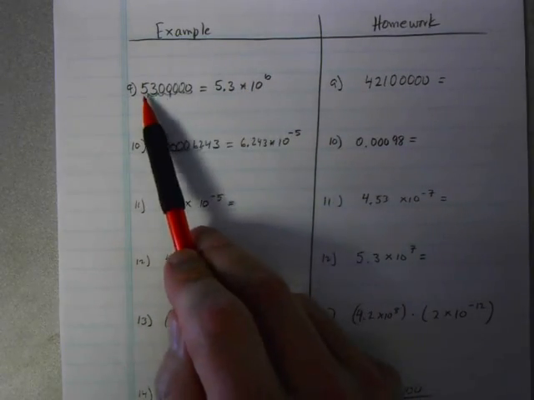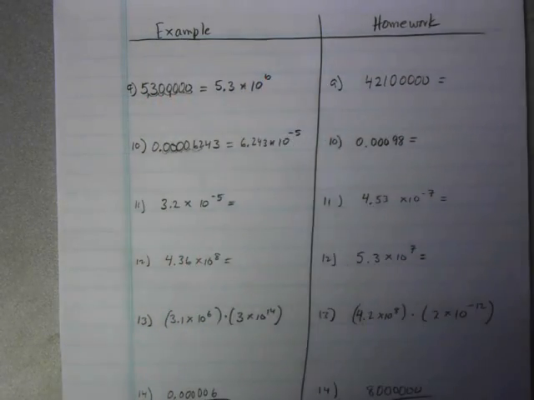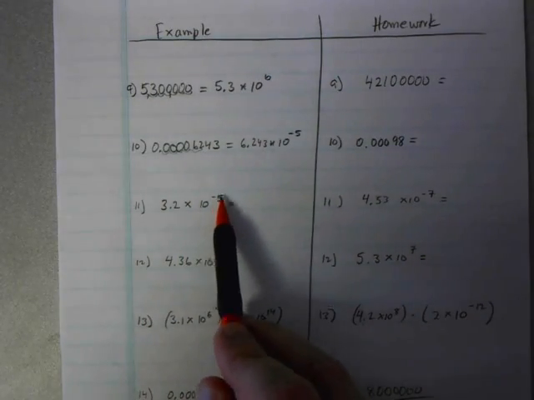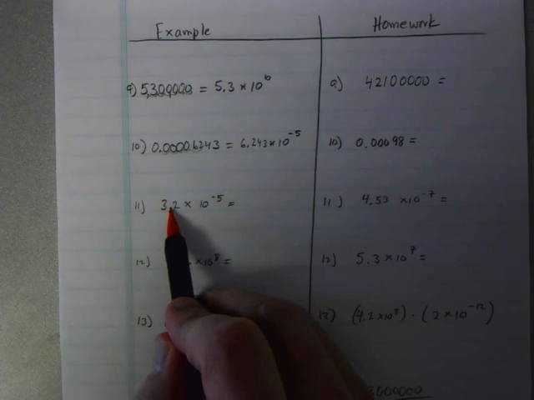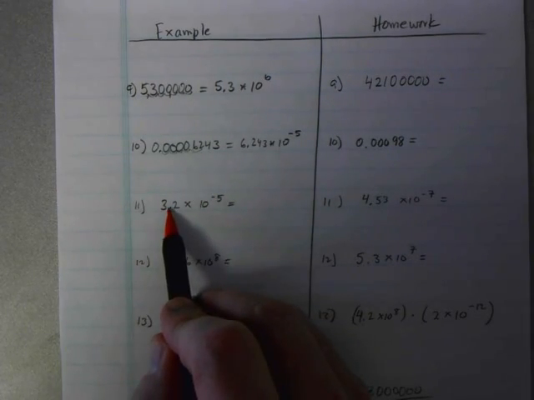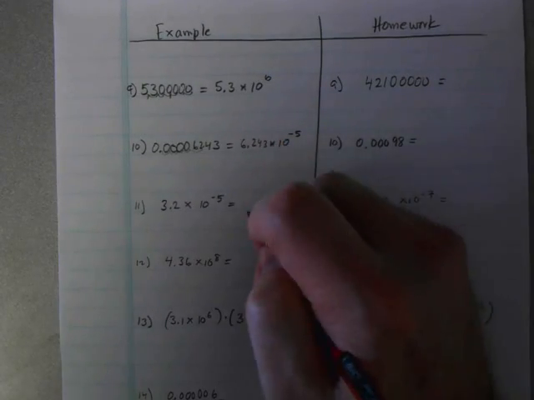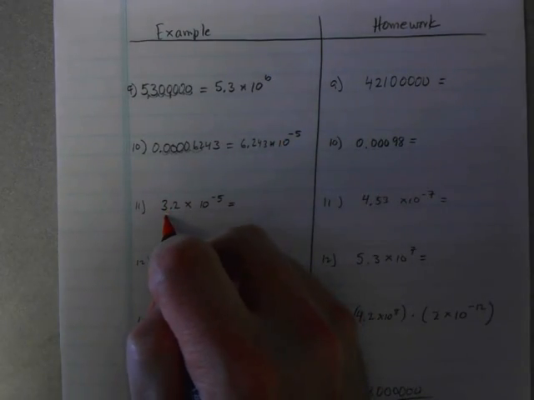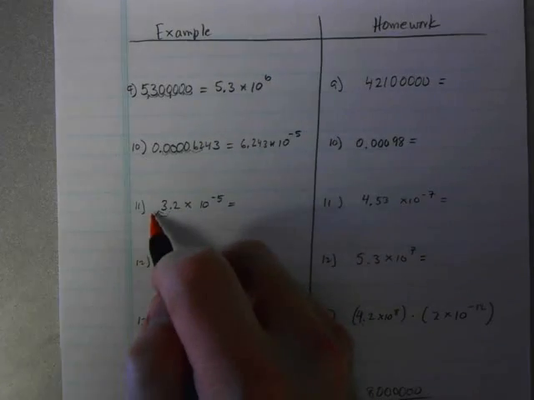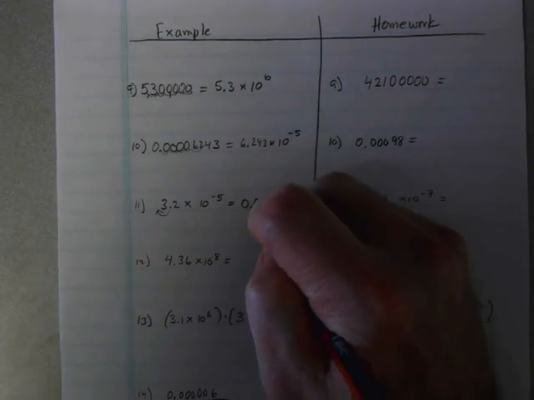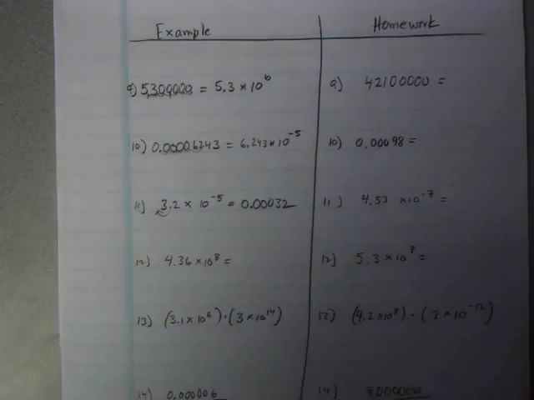This one is a big number, so we count over 10 to the 6th. All right, going the other way, if I have a negative exponent, that tells me this is going to be a small decimal, so I got to move 4 places to the left. Well, in order to move 4 places to the left, there's 1. I'm going to have to move 3 more, which tells me I'm going to have 3 zeros and then a 3, 2.